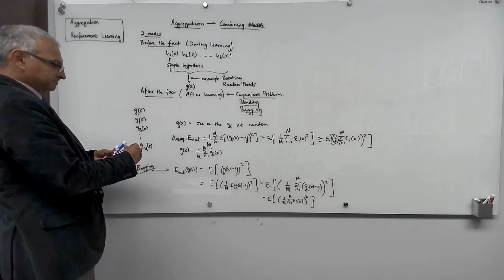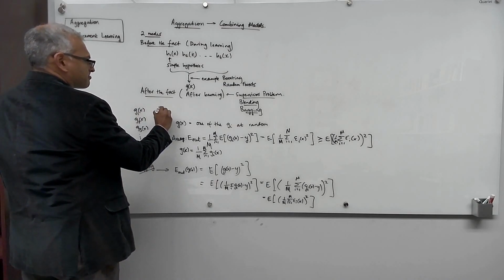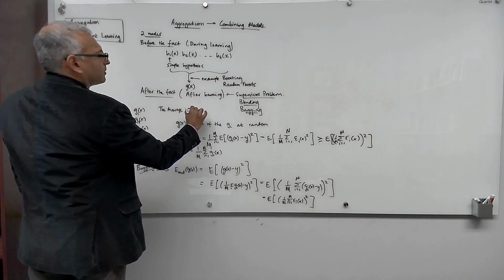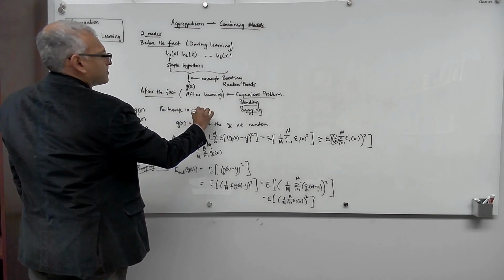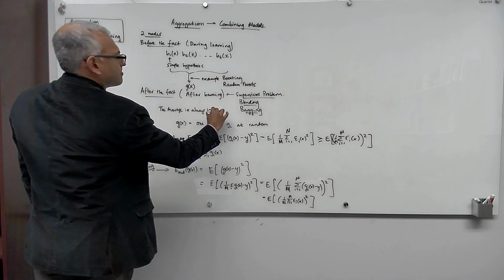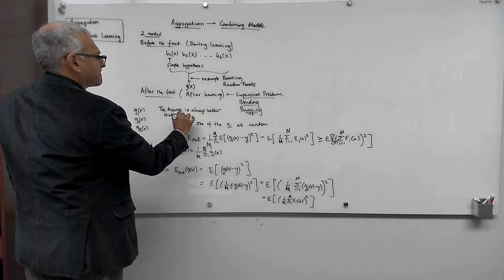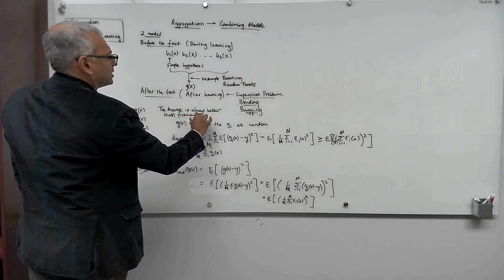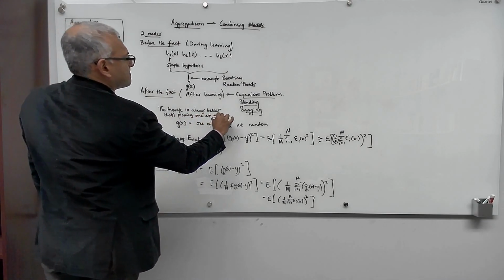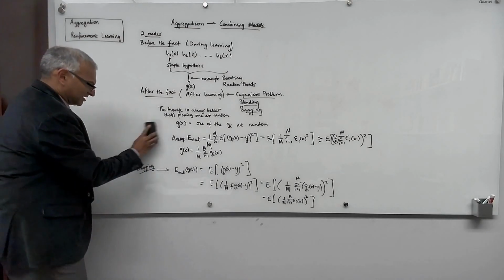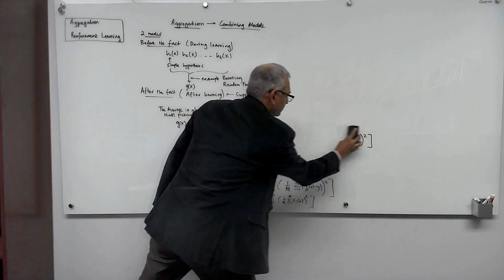So conclusion: the average is always better than picking one at random. It's an interesting little conclusion that comes out of this analysis.